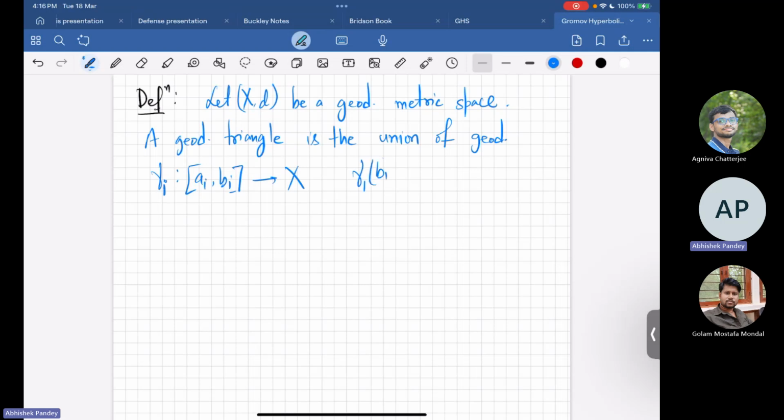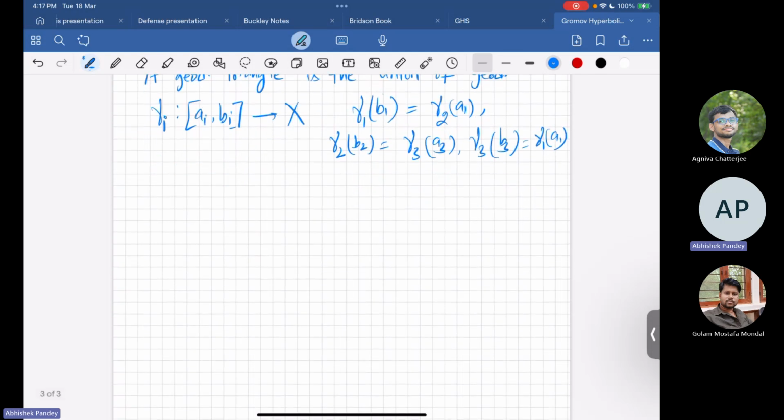It means that gamma_1 of b_1, where the first one terminates, is where the second one starts. That is, gamma_2 of a_2 equals gamma_1 of b_1, gamma_3 of a_3 equals gamma_2 of b_2, and gamma_3 of b_3 equals gamma_1 of a_1. These gamma_i's are the sides of the triangle.